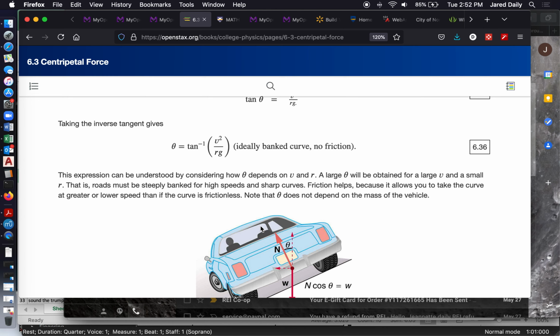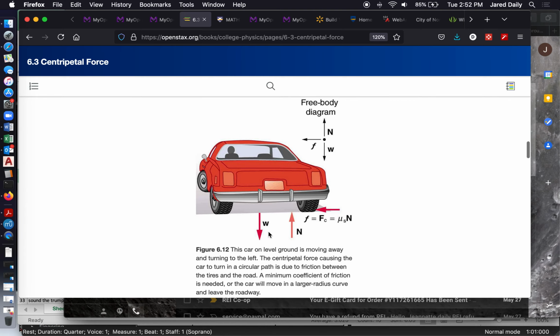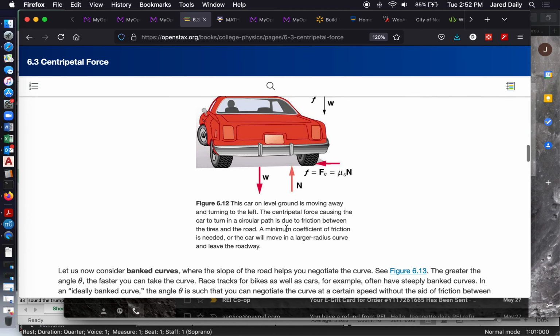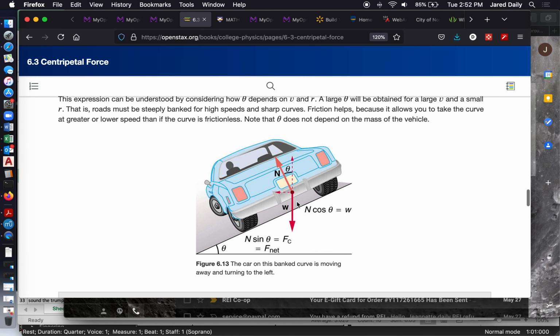Now this doesn't include friction. Notice that we don't have static friction up here. On the flat turn we had friction, but on this banked turn we don't have any friction. It's just the normal force, the weight, and this leftover component of the normal force that didn't get canceled out by the weight, because this one gets canceled out by the weight. This one doesn't, and that's the thing that becomes the centripetal force.